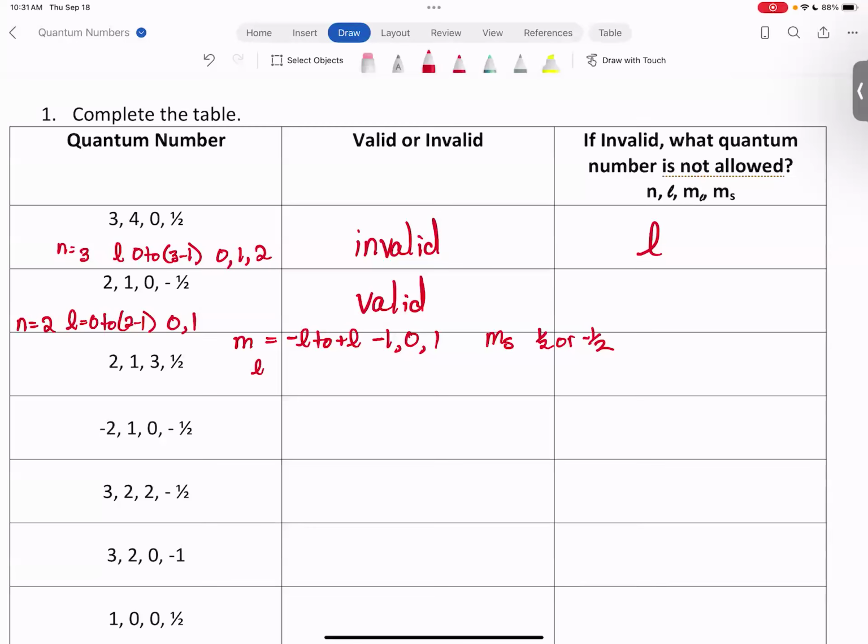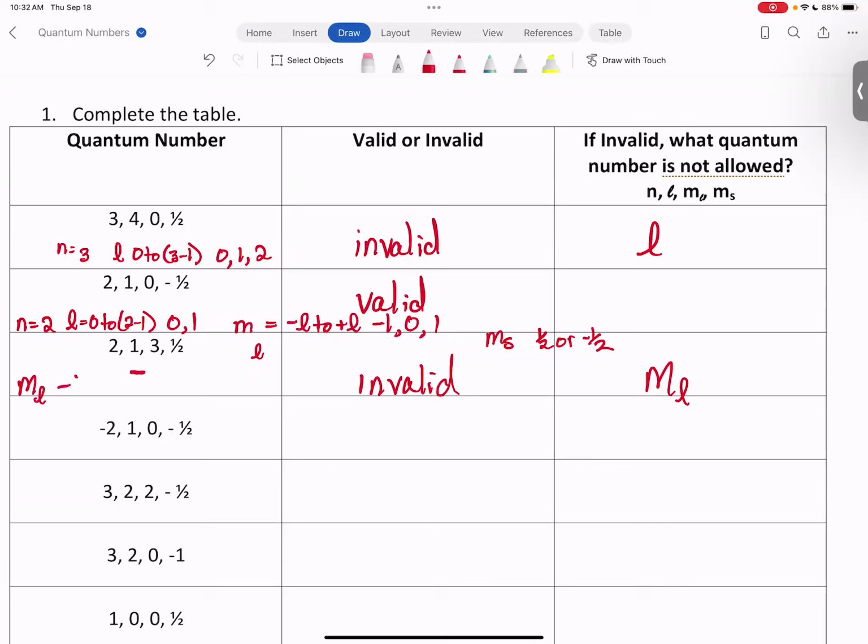So yes, folks, this was invalid because of the M sub L value. Basically, if L is equal to 1, then M sub L has to be a -1 to a +1.